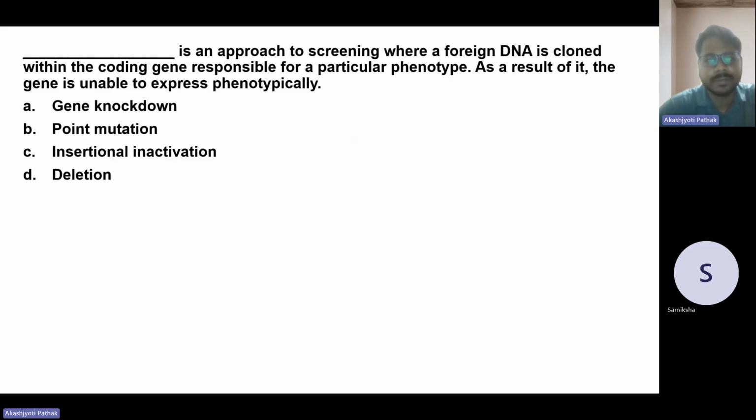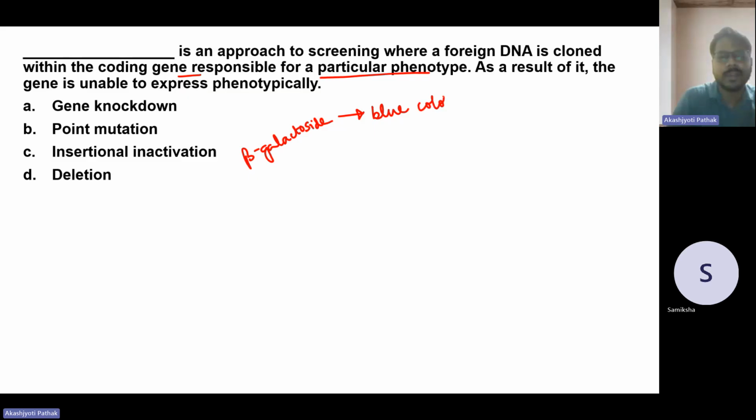The foreign DNA is being cloned within the coding gene responsible for a particular phenotype, like this beta galactosidase. And what was the phenotype? The phenotype was that you were getting blue colored colonies.